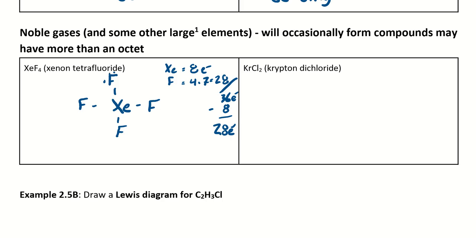Okay, let's try and place those 28 electrons. 1, 2, 3, 4, 5, 6, 7, 8, 9, 10, 11, 12, 13, 14, 15, 16, 17, 18, 19, 20, 21, 22, 23, 24. All the octets are full.